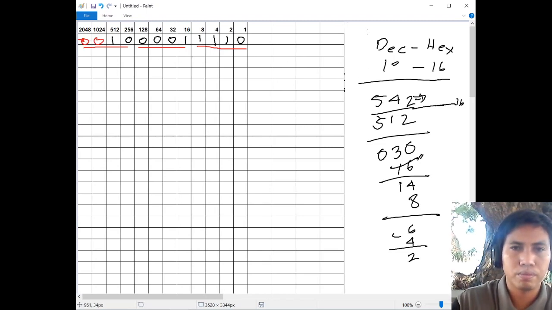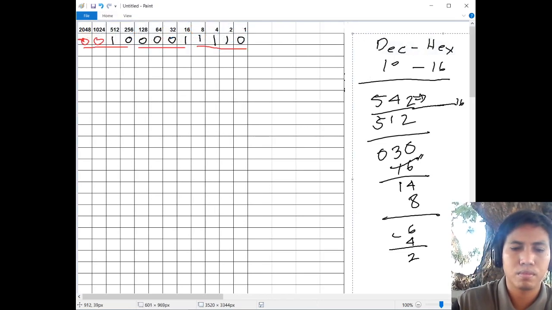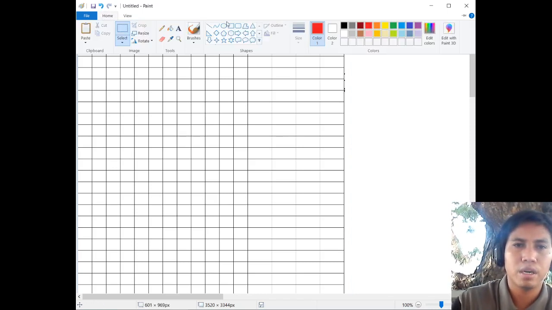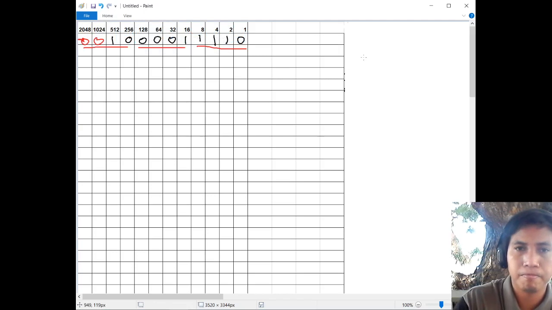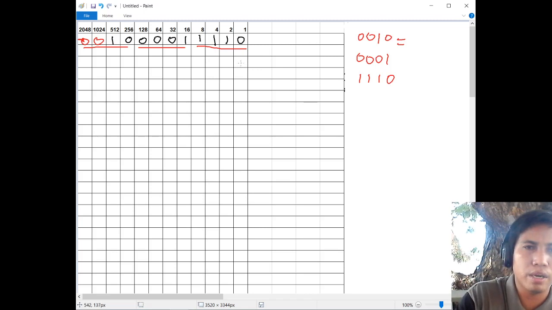So the digits now will be 0, 0, 1, 0, 0, 0, 0, 1, and then 1, 1, 1, 0. So if we convert that one, we have 0, 0, 1, 0.